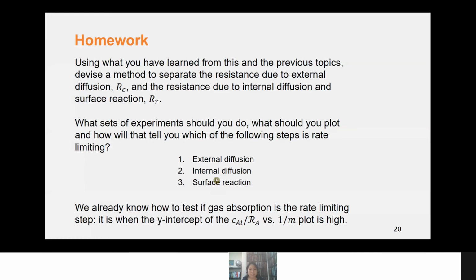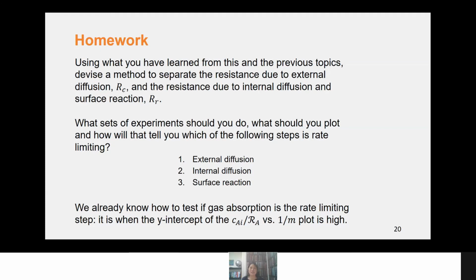So this is important because knowing which of these resistances is highest, we can do something to lower that resistance, which will have a significant effect on the overall rate. So this is more effective than changing parameters at random.